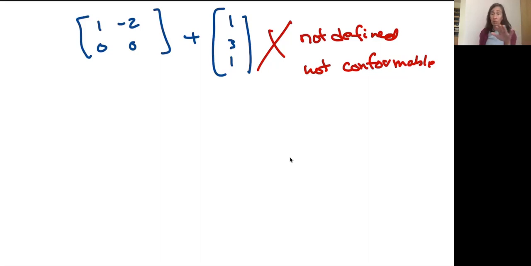No conformability restrictions there. You can take the transpose of any matrix you want, and you can multiply any matrix you want by any scalar you want. Addition, the conformability requirements are pretty straightforward, that the two matrices have to have the same number of rows and the same number of columns. Another way to just think about that is the two matrices have to have the same shape.